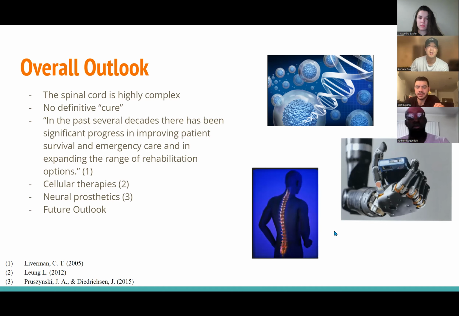Another interesting research article that we ran across is on neuroprosthetics. We found that the main goal of neuroprosthetics is to restore the ability to act in a person's environment, and this is more targeted towards tetraplegic patients.